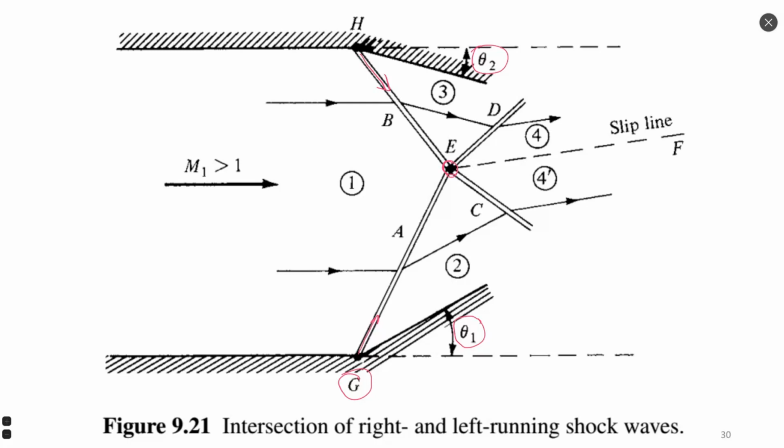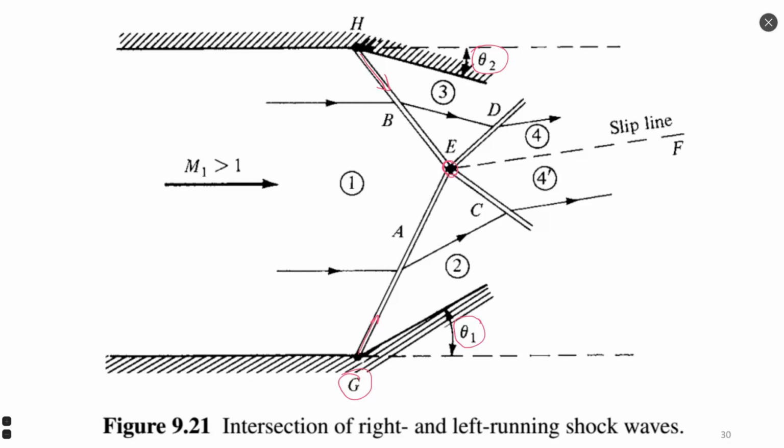So shock wave A and shock wave B are not equal. They also have different parameters. They have different inclination of beta angle. And after, volume 2 and volume 3 have different flow properties, different thermodynamic properties, different Mach number, and of course, different flow directions, right?